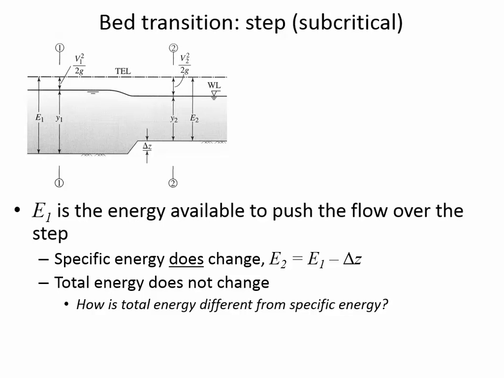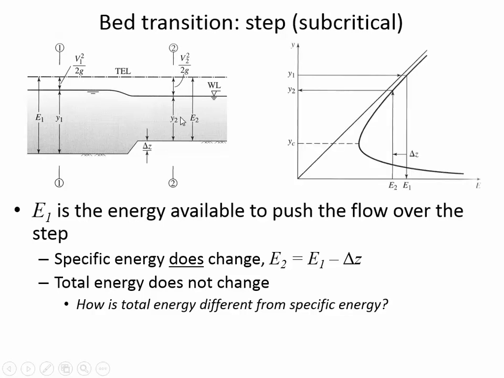The difference between total energy and specific energy is that total energy is measuring the energy relative to a datum that's horizontal and fixed, that doesn't change with the channel bottom. And so total energy maybe would be some imaginary dashed line here that's horizontal. And so even though we may have less depth here, the delta Z stays in the total energy calculation.